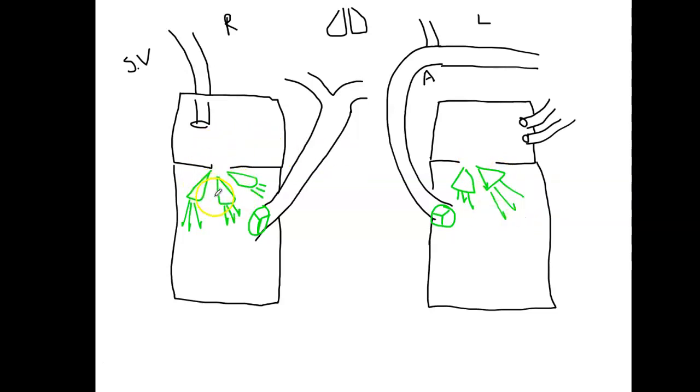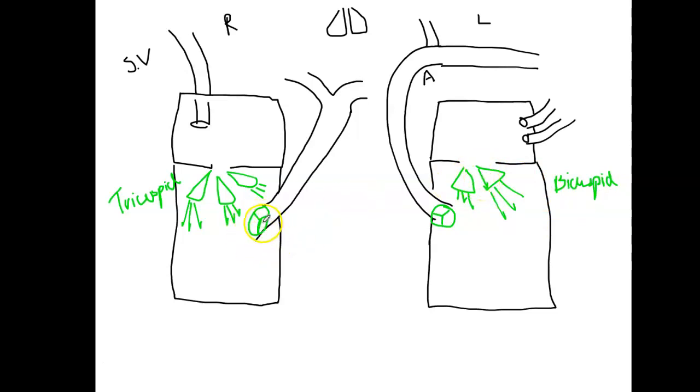This valve has 3 cusps, 3 little parachutes. So it is called the tricuspid. This one only has 2, so that one is the bicuspid. Okay, right there, door one way.